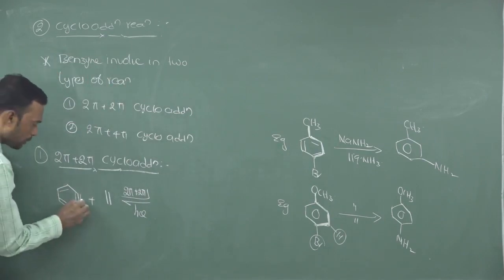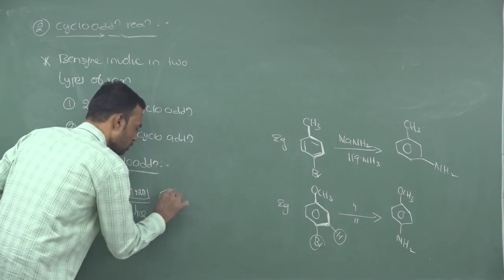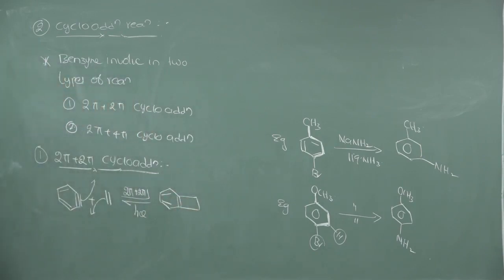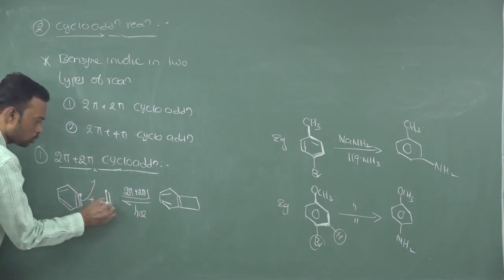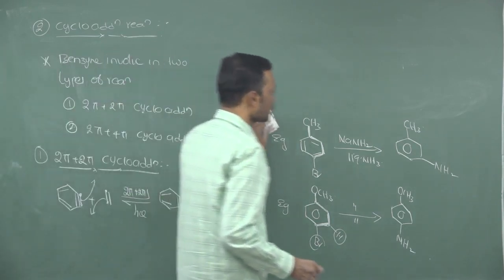Okay. Now these pi electrons will migrate here, this will migrate here, and finally what happens? There is a formation of a double bond like this. Here 2 pi electrons I am using, and here how many am I using? 2 pi electrons. Finally it forms a cyclic four-membered ring adjacent to benzene.